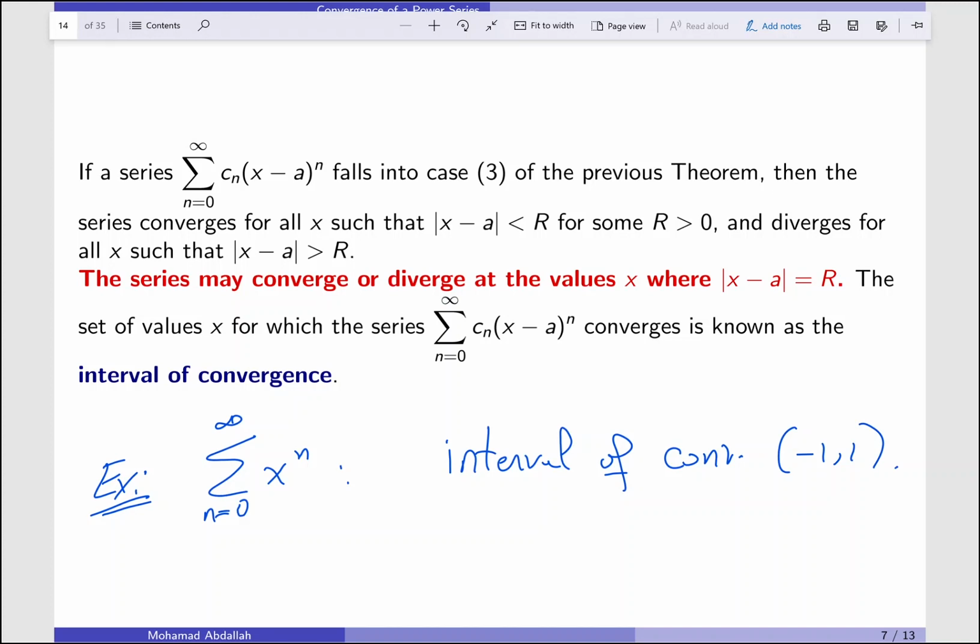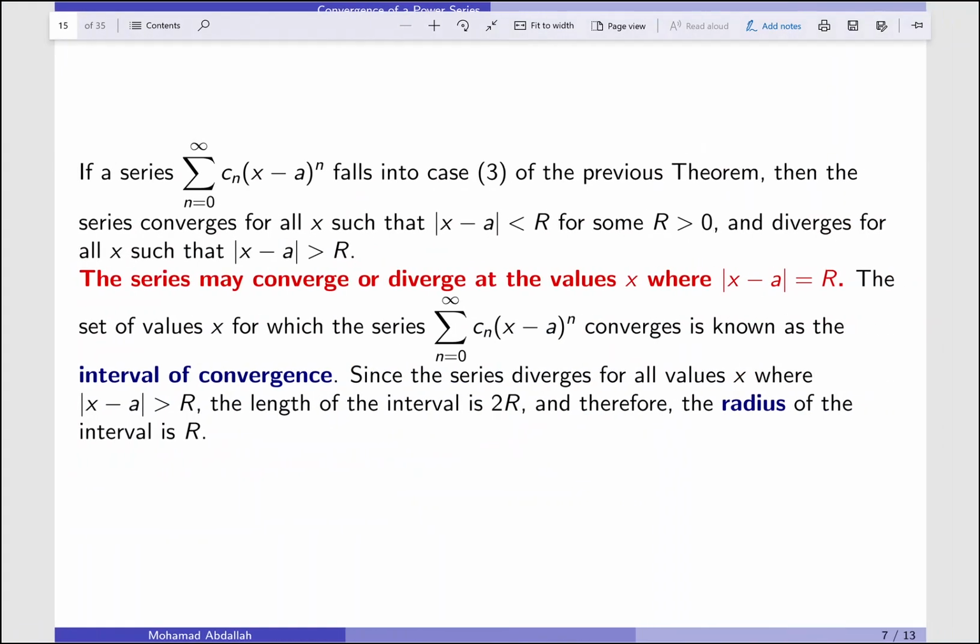And here we also define something called the radius of convergence, which is just half of the length of the interval. The length of the interval is 2r, so therefore the radius of convergence is r.